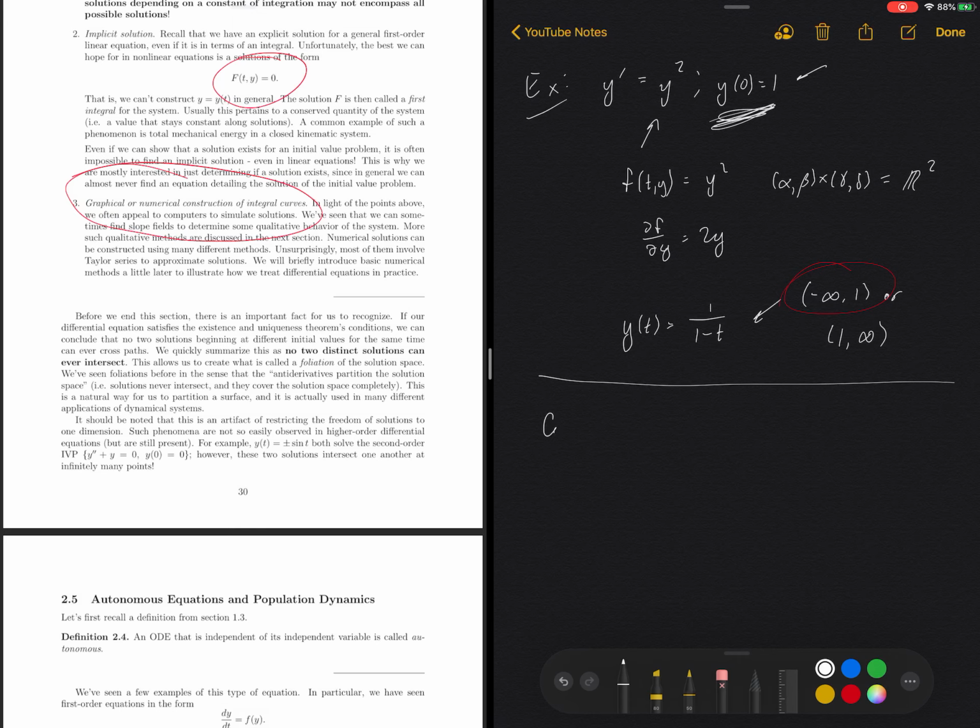I think the biggest takeaway from this section is that nonlinear equations are much more subtle than linear equations.